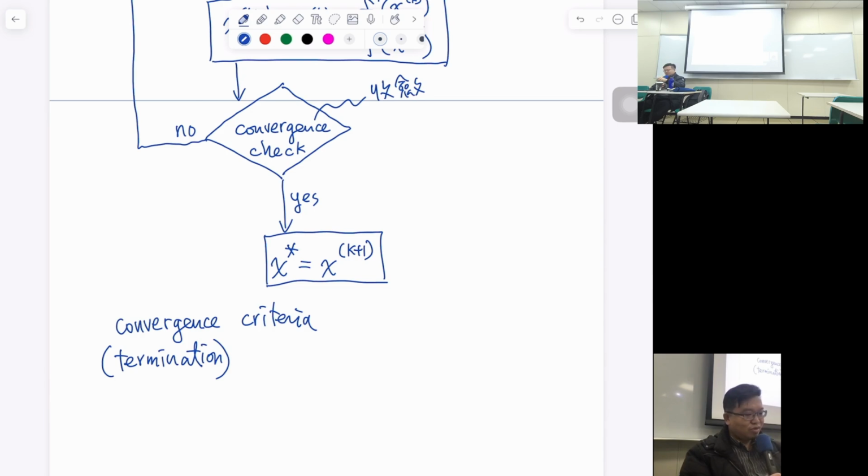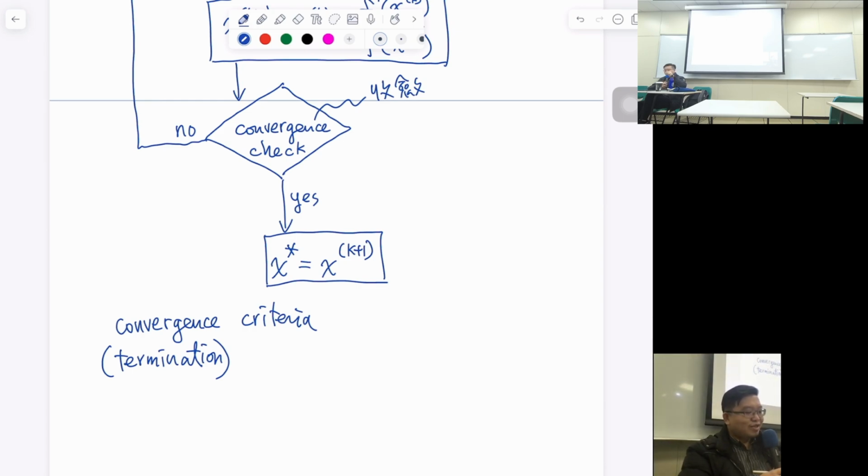So termination criteria means when do we stop. There could be many criteria. You can define your own criteria. There are no rules. I should say there are some recommended criteria to use, but you can choose your own one.